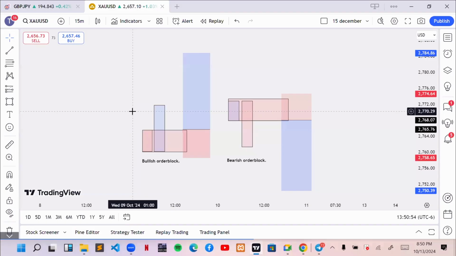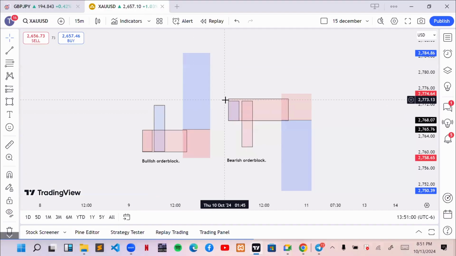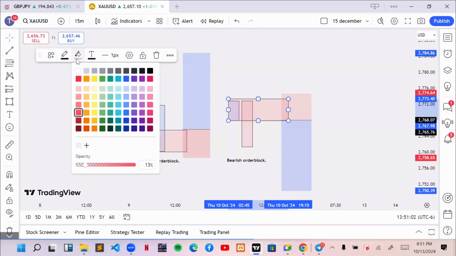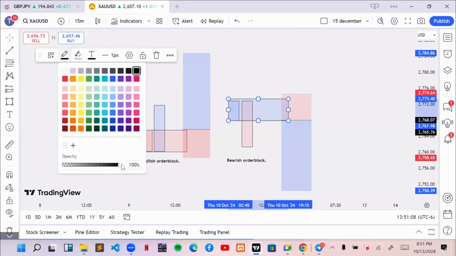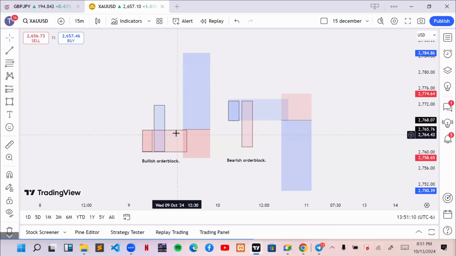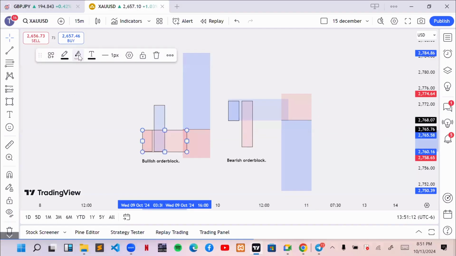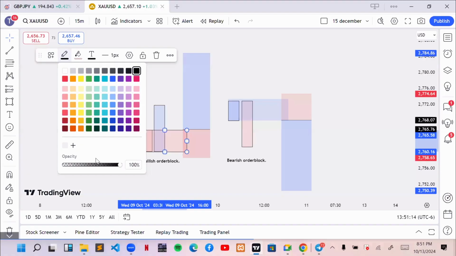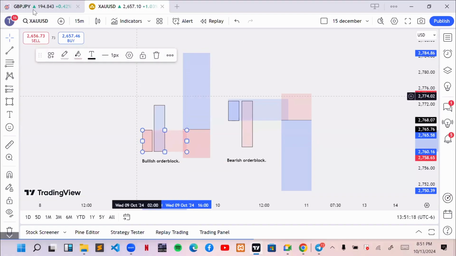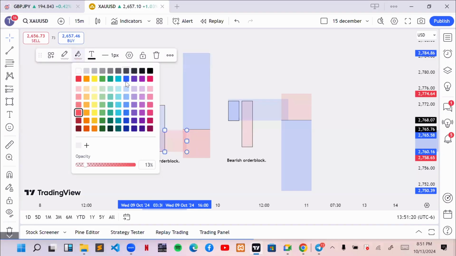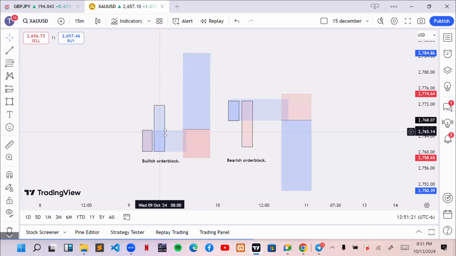And then some people also ask, what about when there are candle wicks? How do you pick your entry when there are candle wicks? This is what I mean by candle wicks: when the order blocks have wicks, how do you pick your entry?